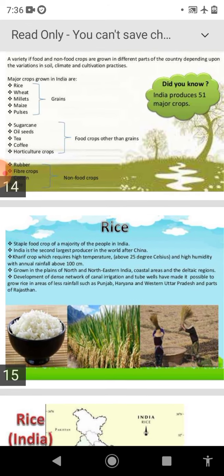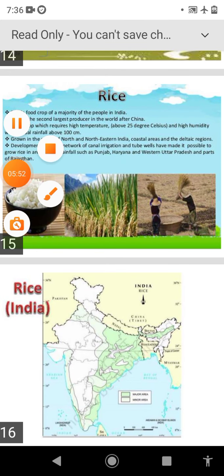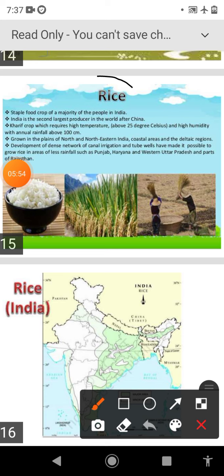First, we will discuss rice. So with regard to rice, it is the most important, or you can say, a staple crop of India.